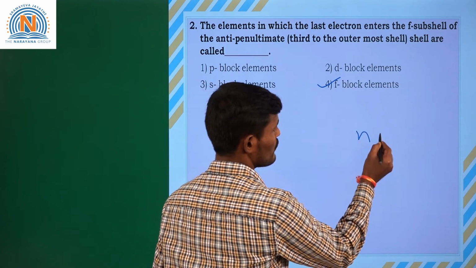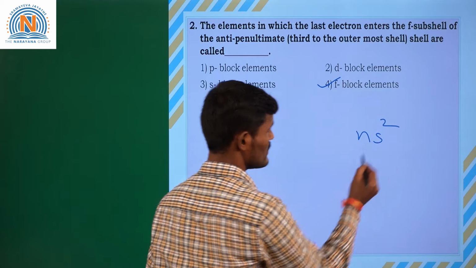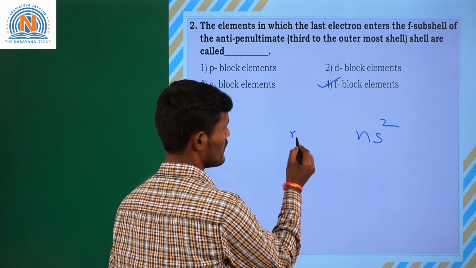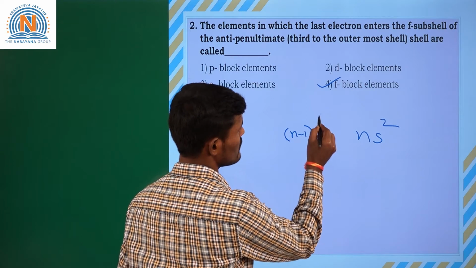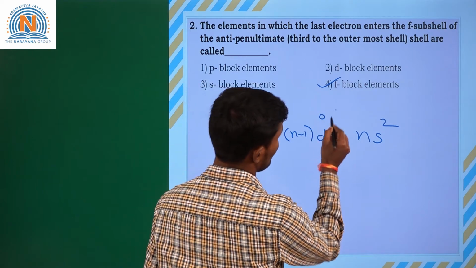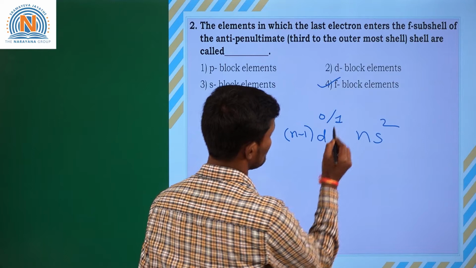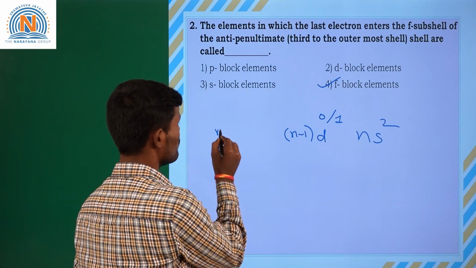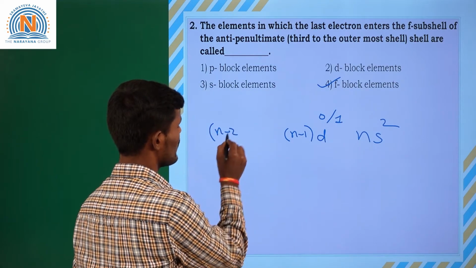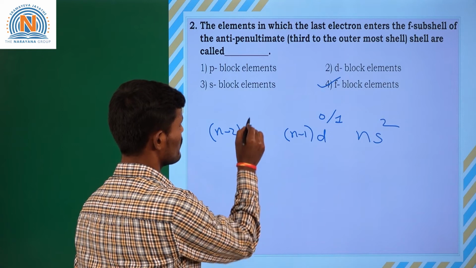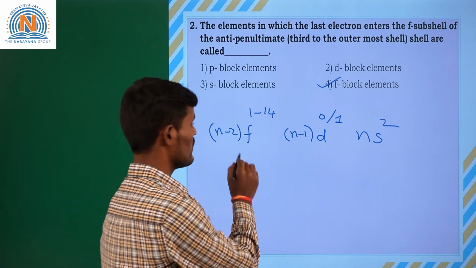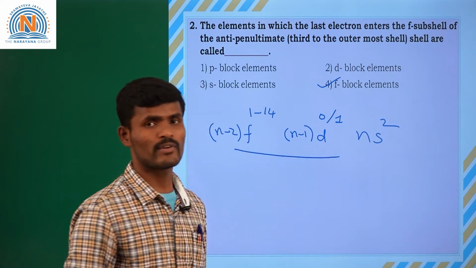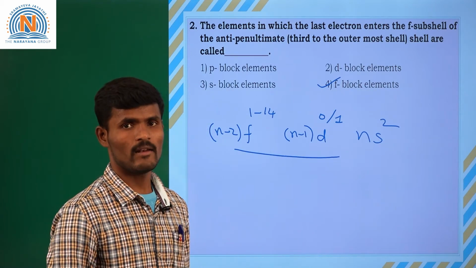The general electronic configuration of f block elements is ns2 (n-1)d 0 or 1, (n-2)f 1 to 14. So this is the general electronic configuration of f block elements.